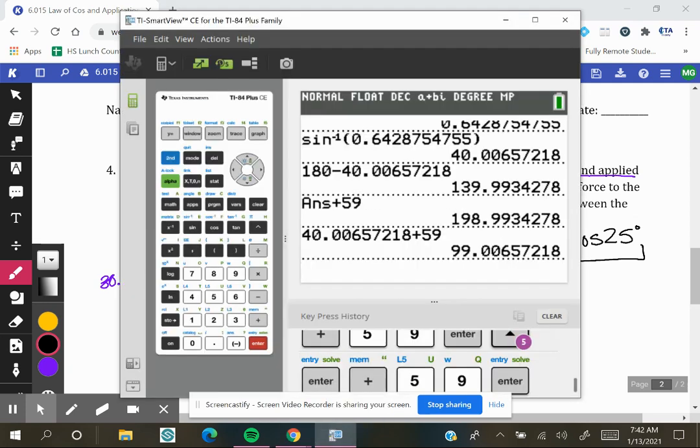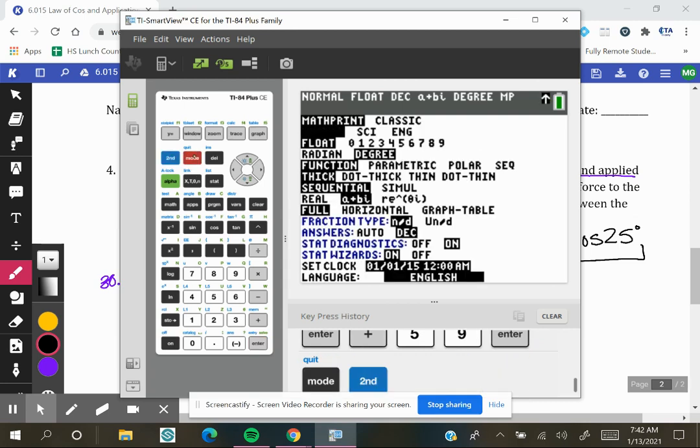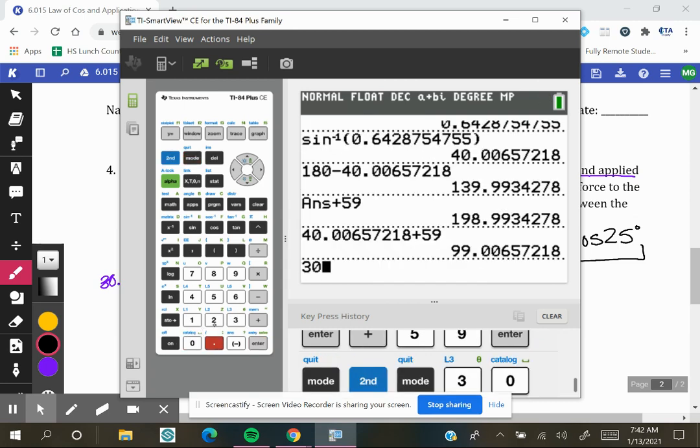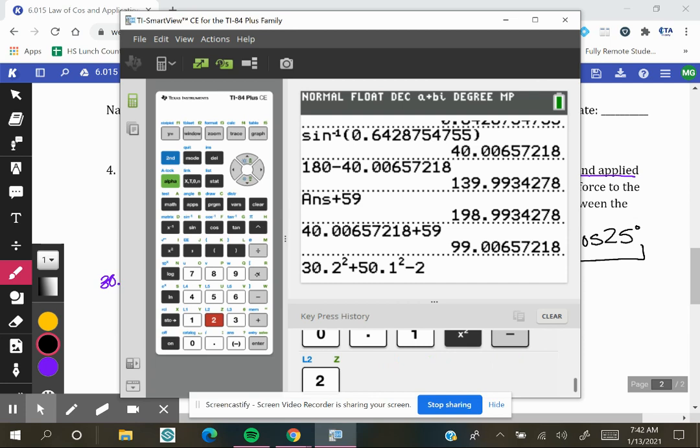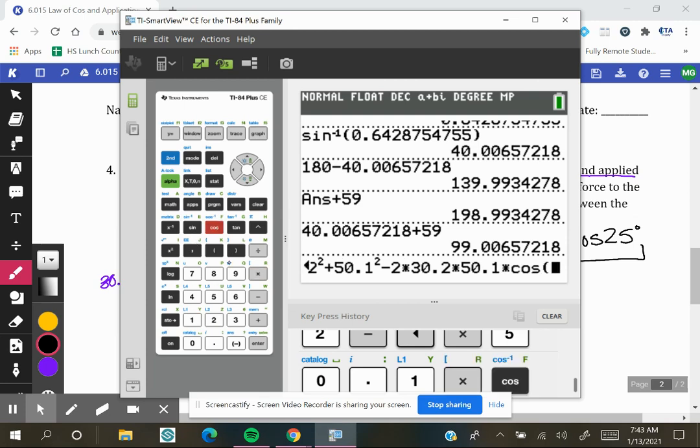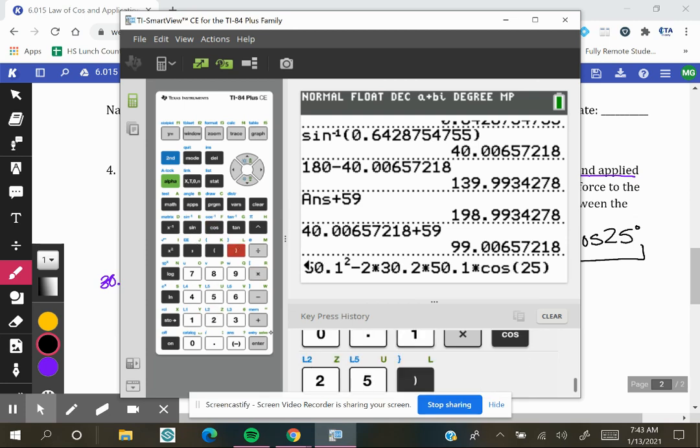Okay, so go to your calculator and make sure you're in degree mode because we're given the angle in degrees. So 30.2 squared plus 50.1 squared minus 2 times 30.2 times 50.1 times the cosine of 25.